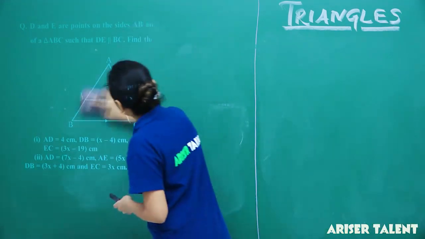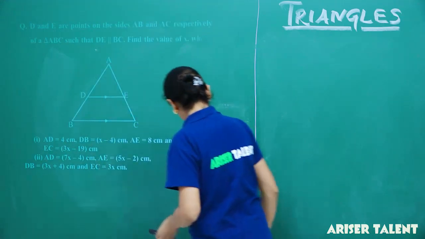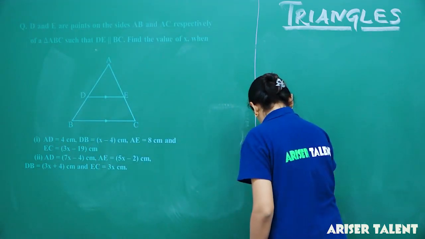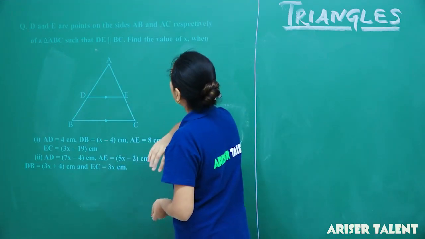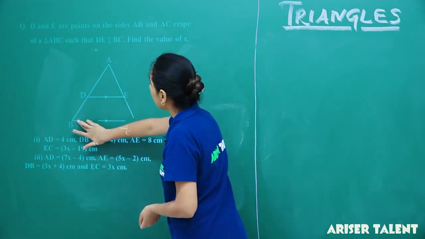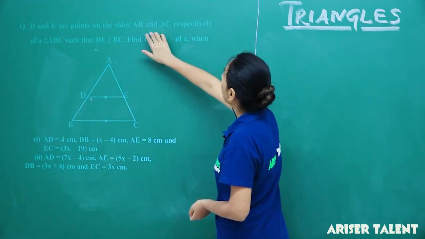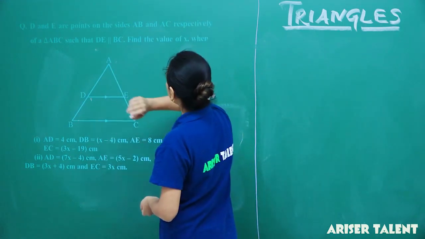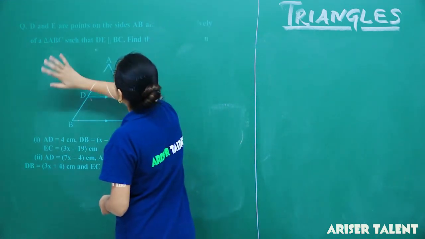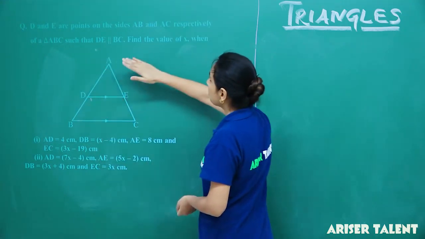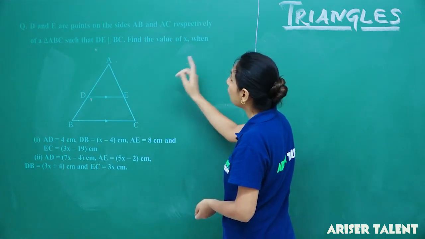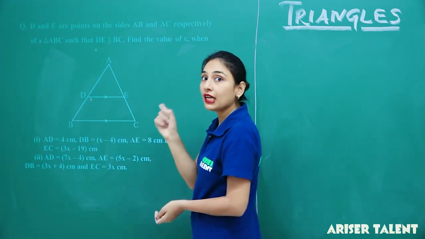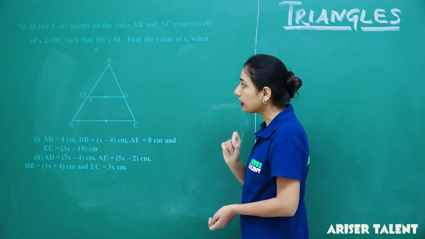So now I am bringing a question for you. D and E are points on the sides AB and AC of a triangle ABC, such that DE is parallel to BC. Find the value of x.